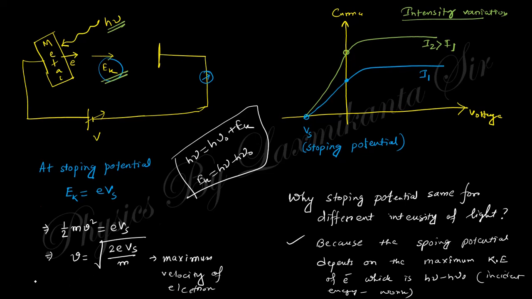What happens if you change the frequency? What happens when we change the frequency of the incident light? This is the metal, the incident h nu1 and h nu2, two cases. So the electron will be like that.